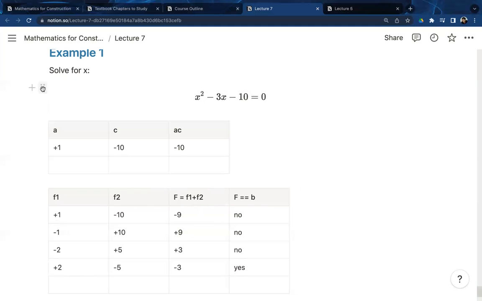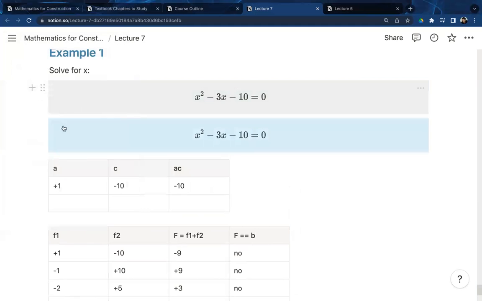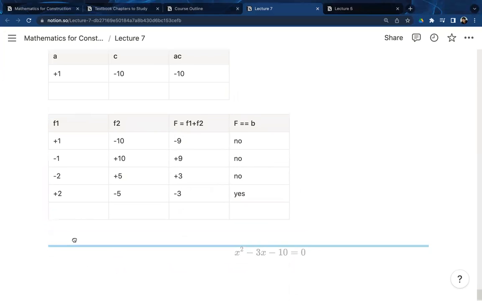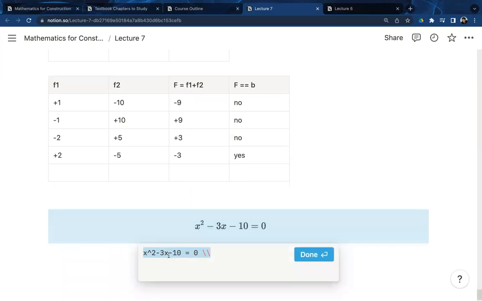So what we want to do is write this expression by changing this B here, this negative 3, into plus 2 negative 5. So I'll put brackets around this negative 3, right? I could rewrite this.